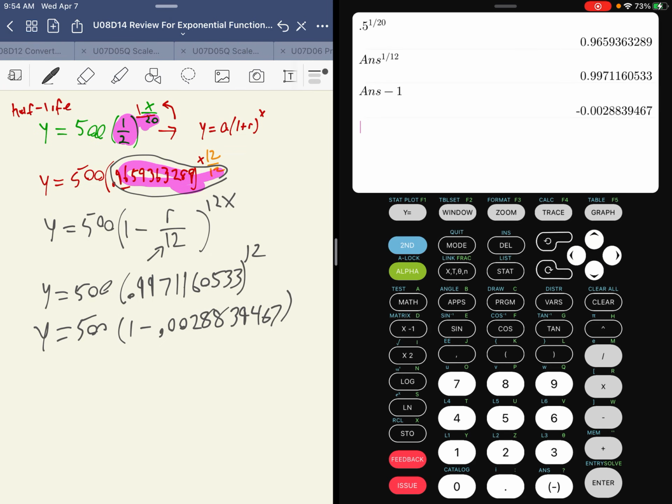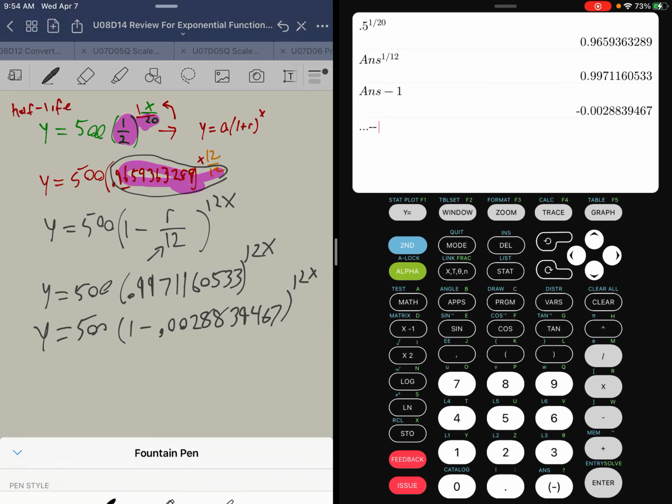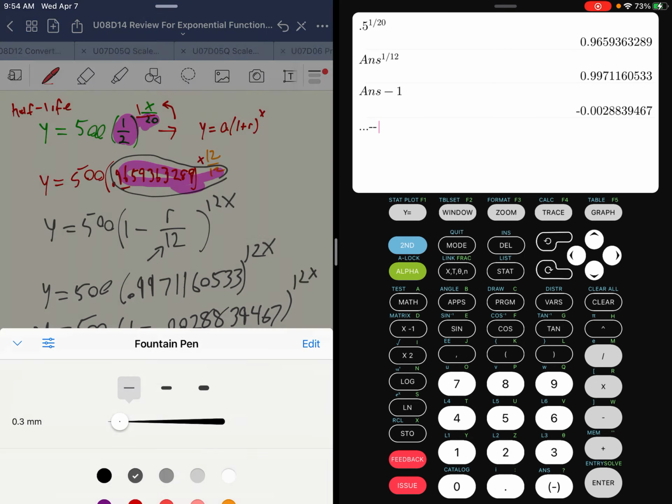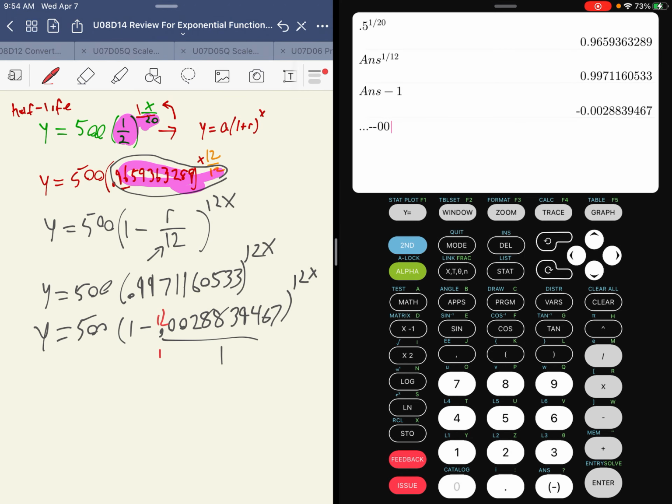All of this is to the 12x. And then I need this to be over 12. So I'm going to put it over 1. And to make it over 12, I just have to multiply it by 12 on the numerator and the denominator, which is the same thing we kind of did before where we multiplied by 12. And then we get y equals 500 times 1 minus, let's multiply that by 12.